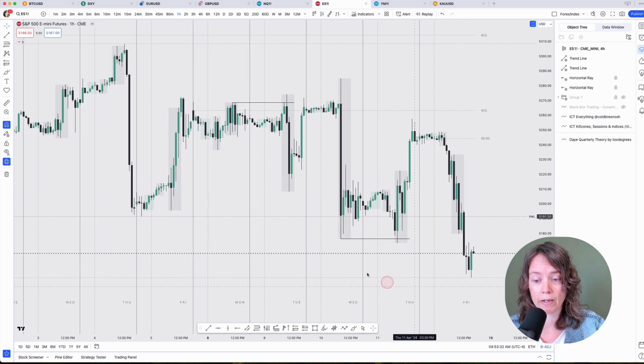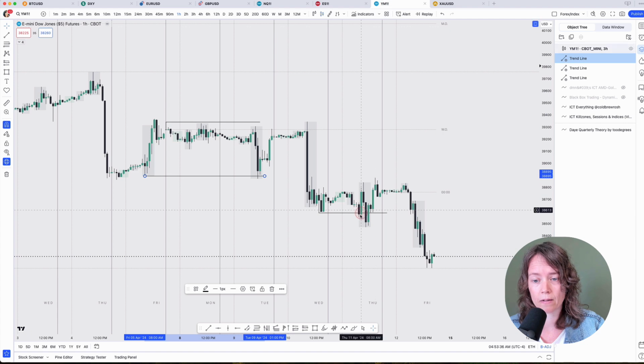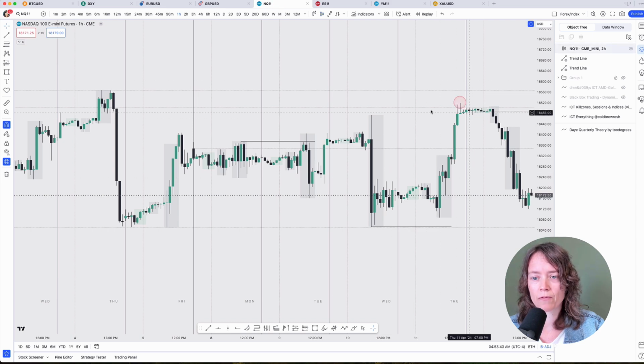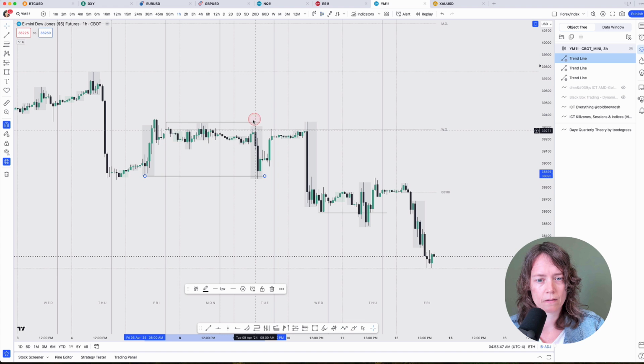If I go to ES, it did not take out that liquidity, so the stronger pair in this case, and YM didn't even do anything here. So the stronger pair is then ready to take out liquidity. In this case, the weaker pair, Dow, was ready to take out this liquidity.